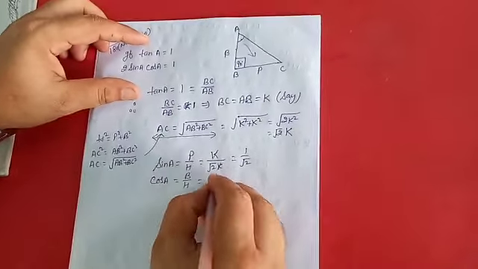OP equal to 7 centimeter. So 1 plus 2pq equal to 49.